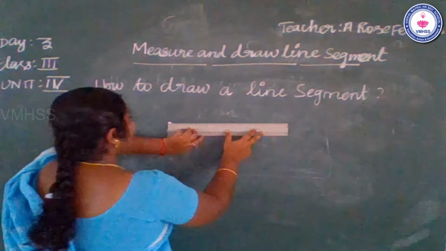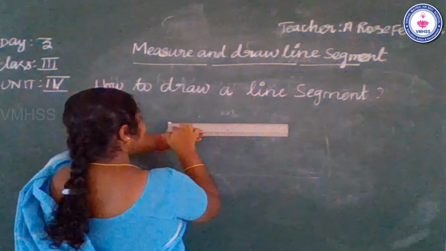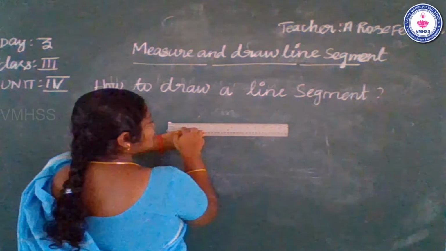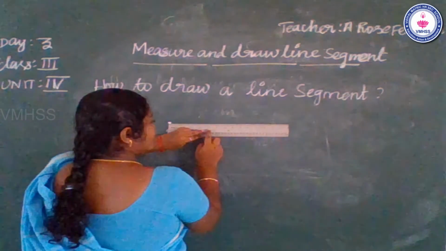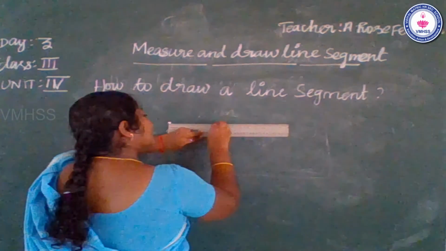See the board mark. So 0 centimeter, 1 centimeter, 2 centimeter, 3 centimeter, 4 centimeter, 5 centimeter and 6 centimeter.